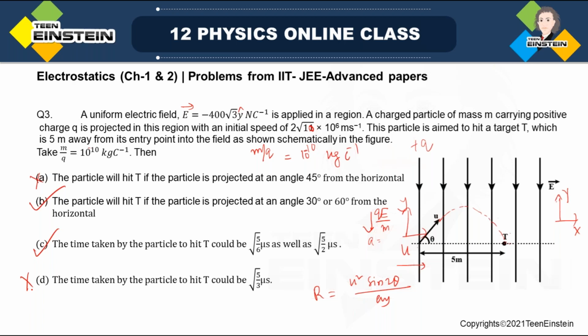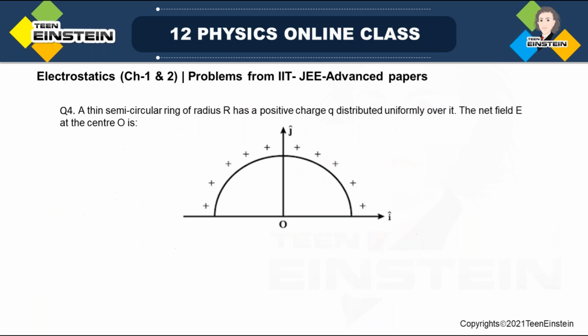Now I'll take you through another interesting problem that is very important for NEET, etc. This is a very interesting problem to solve. Let us first read the problem and try to understand it.